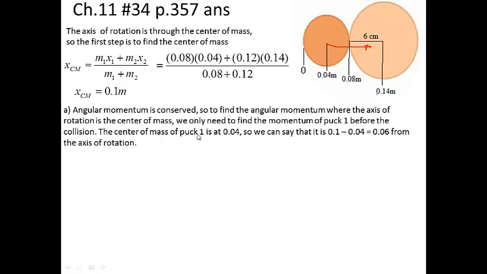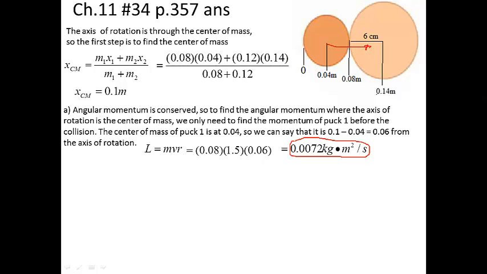So the center of mass of puck 1 is at 0.04, so we can say that it is 0.1 minus 0.04 equals 0.06 meters from the axis of rotation. And we know that our formula for angular momentum is L equals mvr. In this case, m is 0.08, v is 1.5, and r is 0.06. So we get that the angular momentum is equal to 0.0072 kilograms times meter squared per second. So this, because momentum is conserved, is our answer to part A.